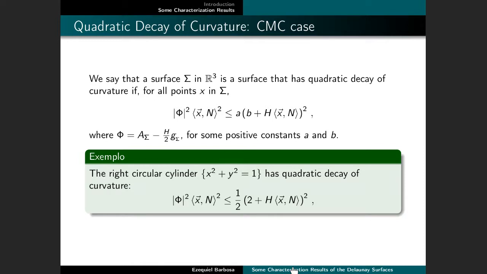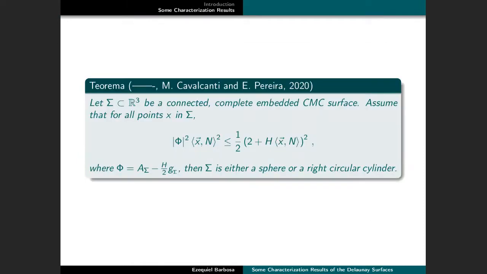Okay, so with this kind of quadratic decay of curvature, we were able to prove a classification result involving Delaunay surfaces. Actually, we proved the following, as in the minimal case.